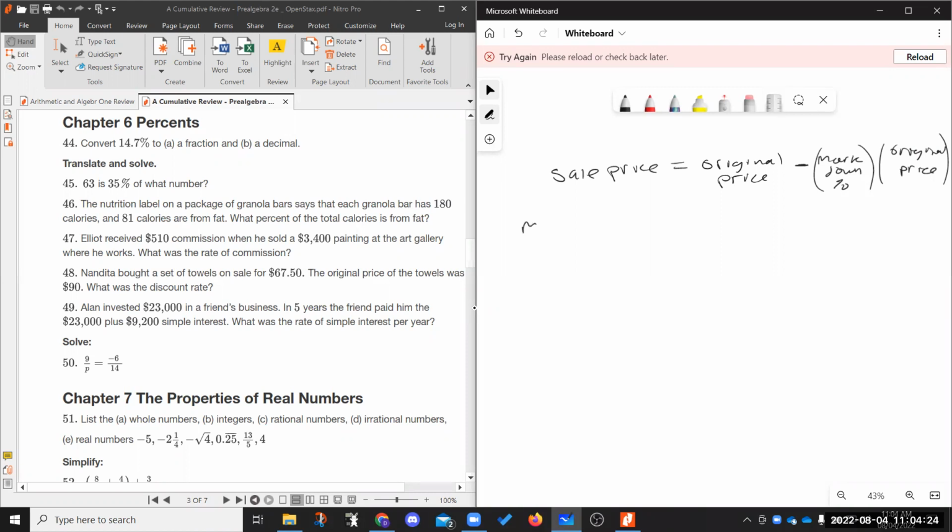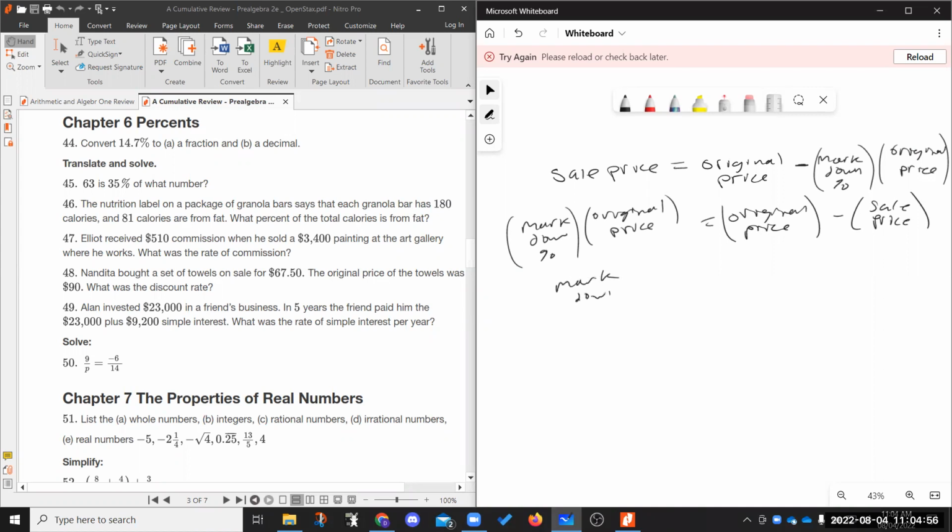That our markdown percentage times our original price, moving that negative part to the left, is going to be equal to our original price minus our sale price. And then we're going to divide by our original price to get our markdown percentage.